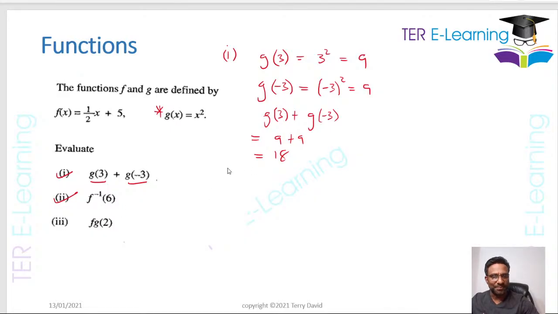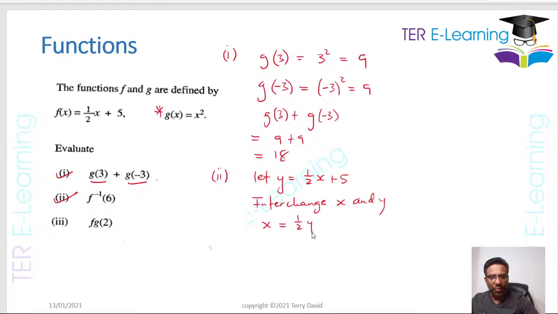So here's what we do. We need to find the inverse of that function, right? So first thing we're going to do is to let y equal a half x plus 5. Next step, we're going to interchange x and y. Right, so therefore it's going to be x is equal to a half y plus 5.